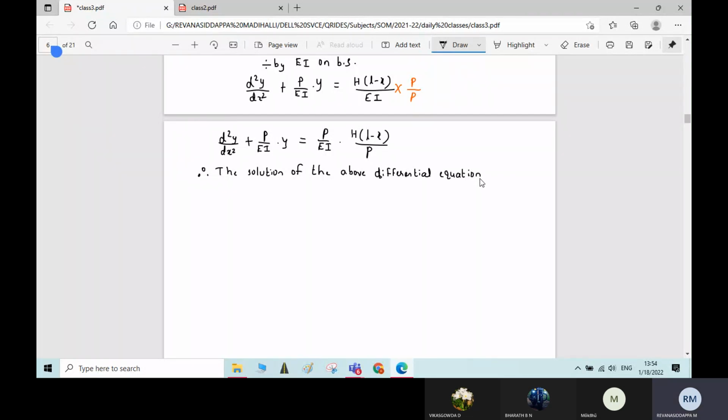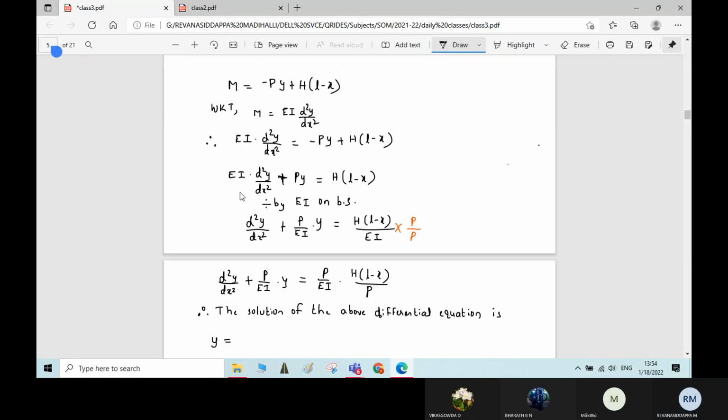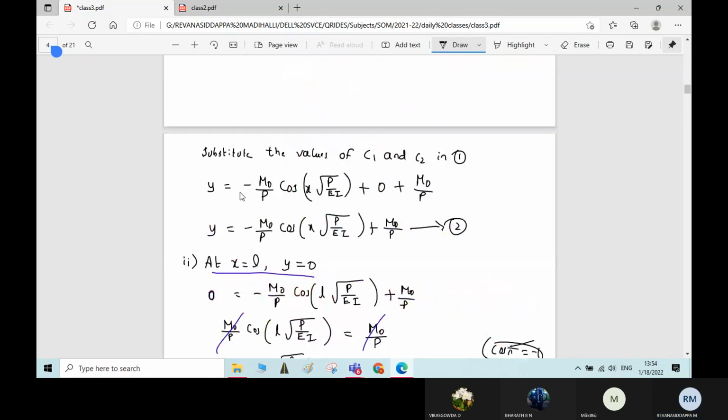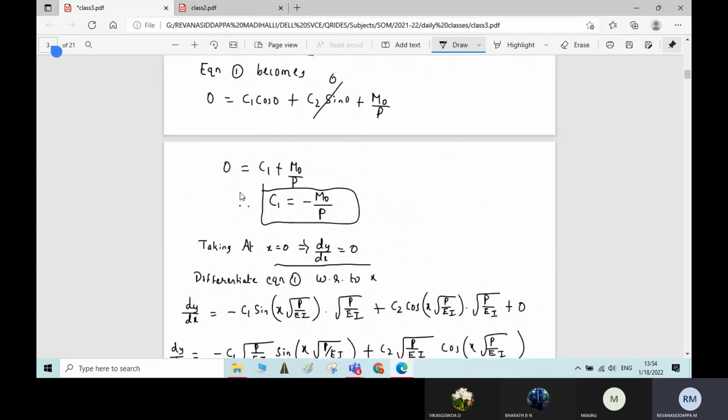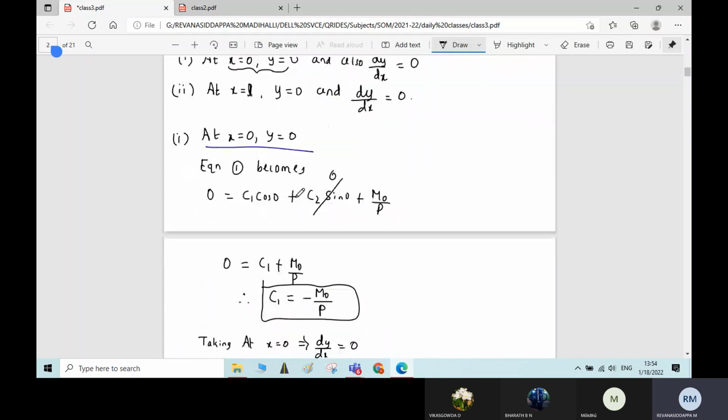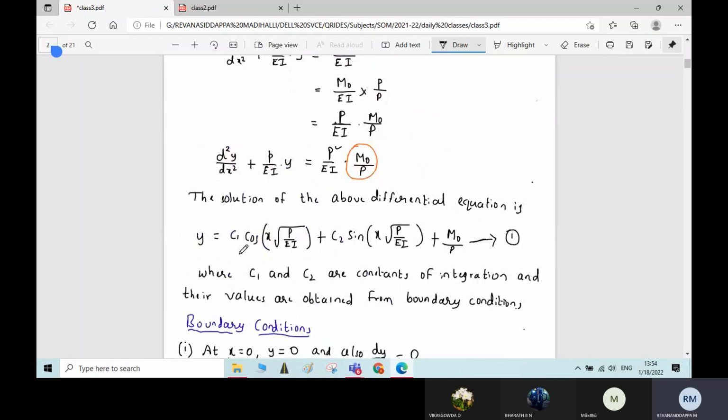The solution of the above differential equation is the same kind of solution as in the previous derivation. This term is common for every derivation. Only the right term will change.